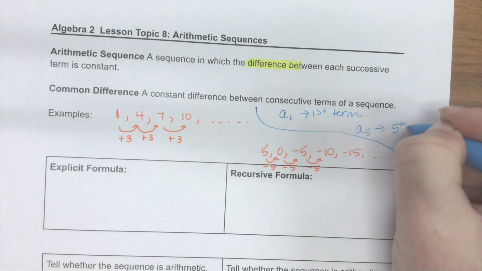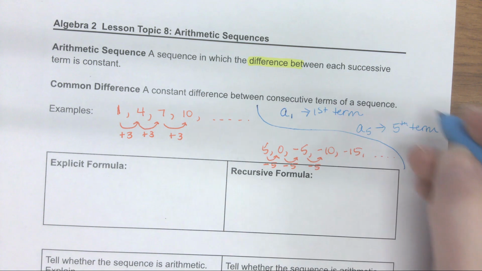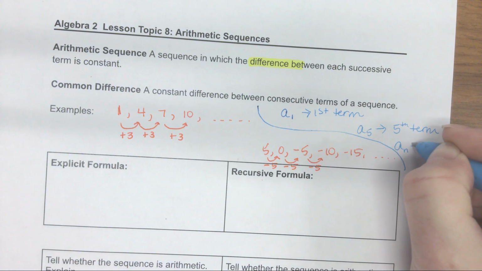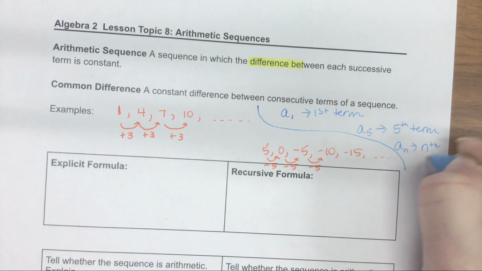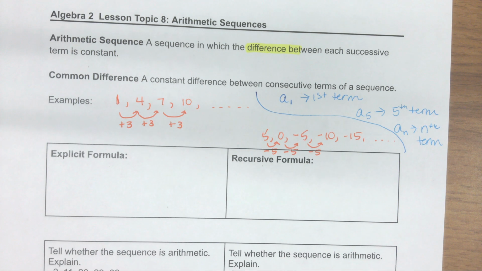Okay. The 1 and the 5 have nothing to do with the numbers in the sequence at all. They're just describing which term I'm talking about. So in notation, the way we write a general term is we use the letter N. So if you see A sub N today, that's just talking about the nth term. That's talking about a general term.